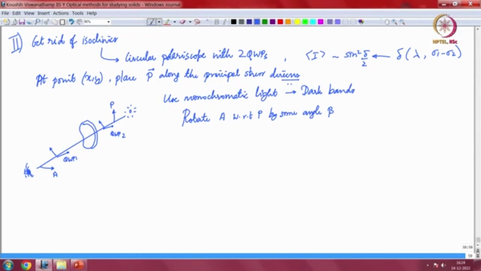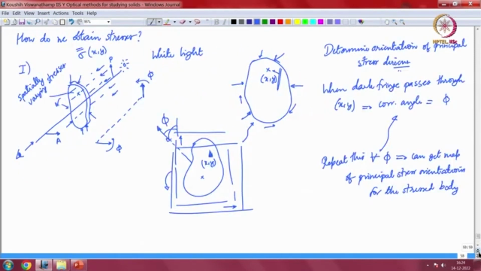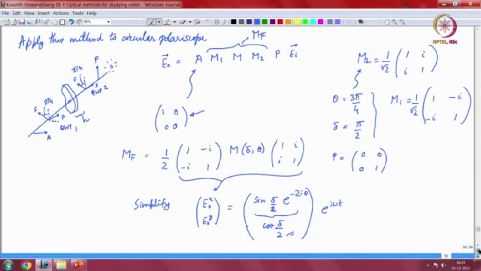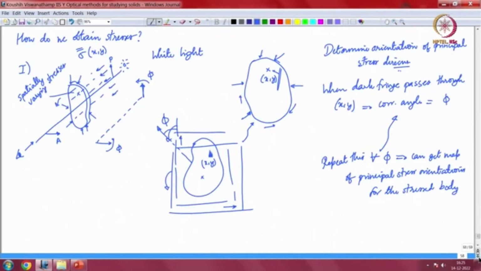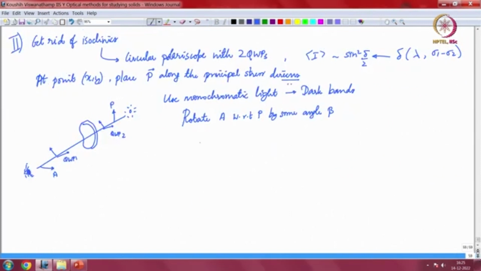If you remember what we did before for the circular polariscopes, the reason I went through this algebra, you remember this. So you had A M F P for the circular polariscope. Now we will do the same, A M F P, the only difference being the final E0 bar is again A times MF times P times Ei bar.